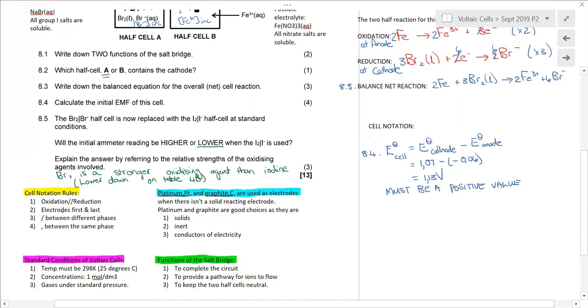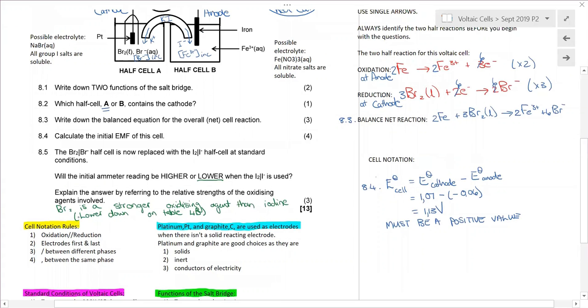Your electrodes must be first and last in the cell notation. We use a line between different phases and a comma between the same phase. Okay, so you read your half reactions from left to right. So again, I'm using half reactions that were not asked, but they've come in handy so many times.